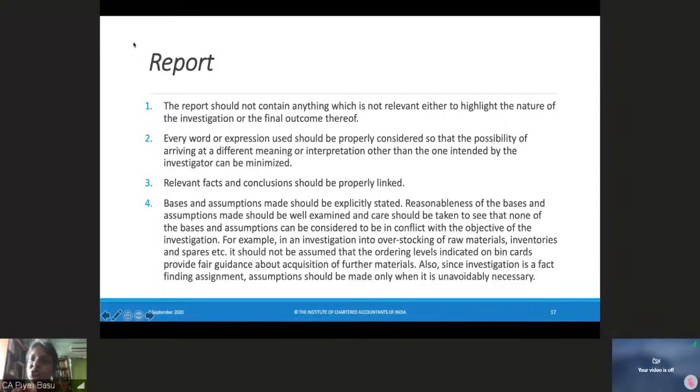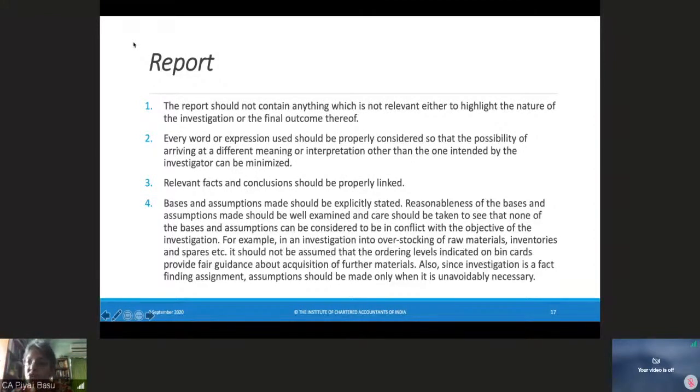So one has to be careful about these things for your exam purpose. Since an investigation is a fact-finding assignment, assumptions should be made only when unavoidable. Keep this in mind for your exam purpose, my dear students. In an investigation, it should be based only on conclusive evidence.